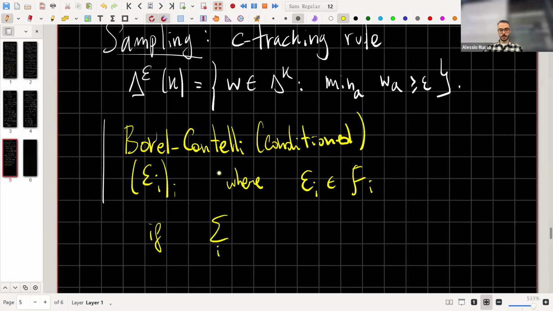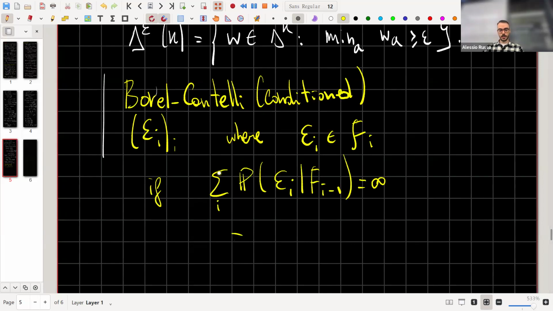If the sum over the probability of E_i given F_{i-1} is infinite, then you also have that the probability of lim sup E_i is equal to 1.